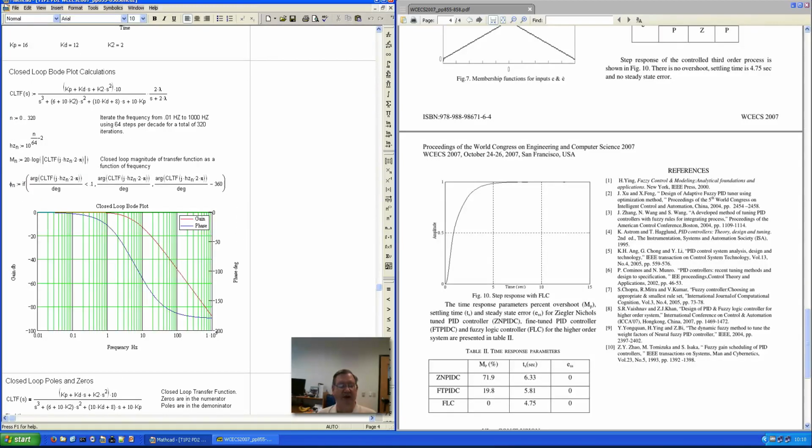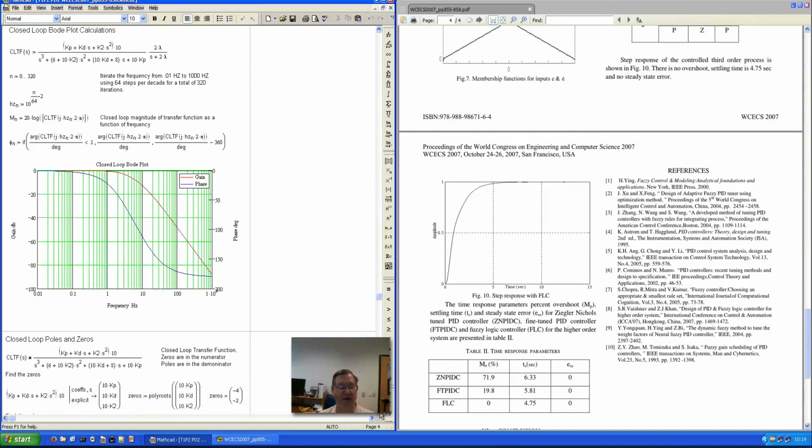So let's just take a look at the Bode plot. You can see the Bode plot has, since my desired transfer function has 2 real poles, at the higher frequencies a phase delay of 2 times 90 degrees, which is 180 degrees. And then I'm plotting my poles and zeros down here.